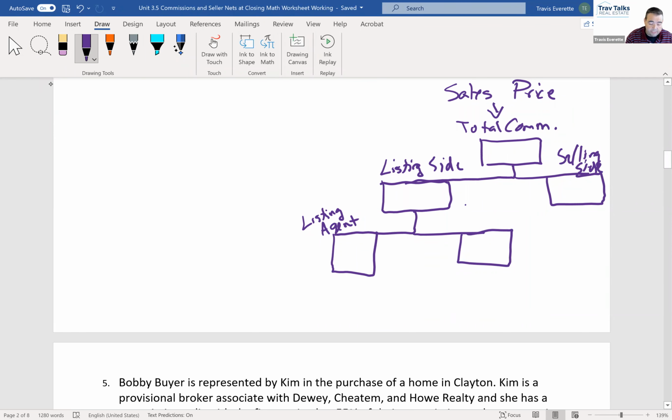And then the listing firm. So that's the office split and the agent split. And then we're going to do the same thing over here. I'm kind of out of room, so sorry about that. We've got the selling agent and the selling firm.